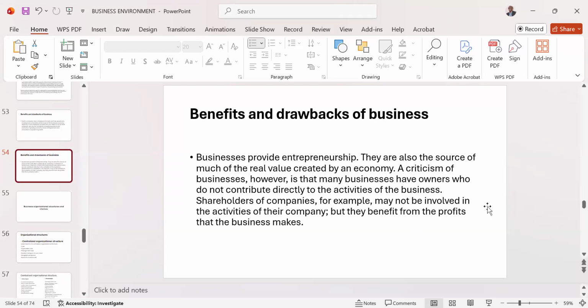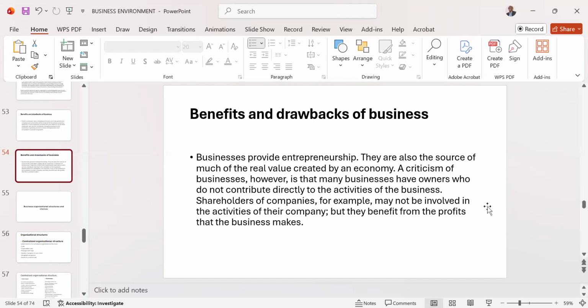In what way do you think that companies can actually be criticized? Companies can be criticized in different ways.